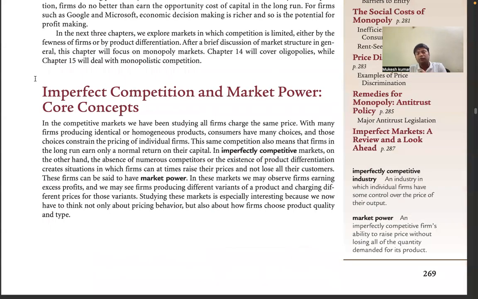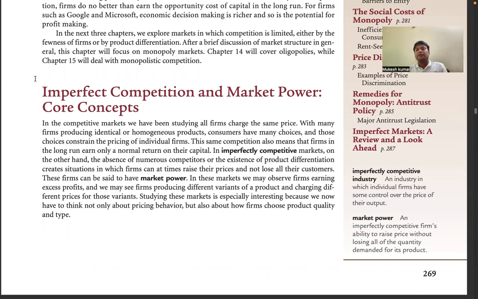So what I'm trying to say is that imperfect competitive market means the absence of perfect competitiveness. There might be a competitive factor, but at the same time, the firms have some market power, in the sense that a single firm producing that good can influence the market price.